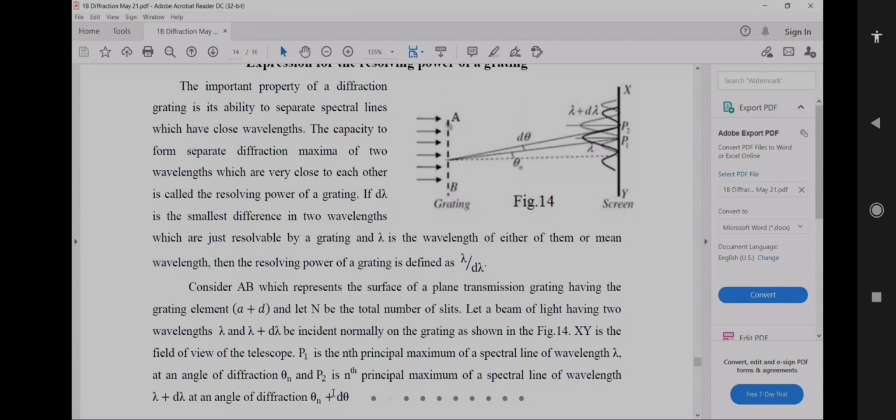Okay, and P2 is the nth principal maximum of a spectral line of wavelength lambda plus d lambda, and here the dotted figure on the screen is the principal maximum of a spectral line of wavelength lambda plus d lambda at an angle of diffraction theta n plus d theta. How much angle is it? Theta n plus d theta.